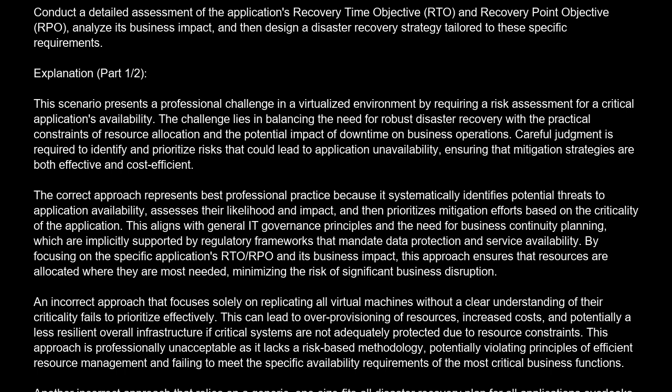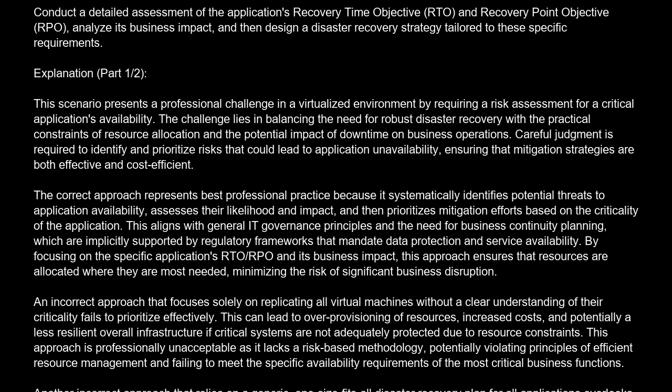Careful judgment is required to identify and prioritize risks that could lead to application unavailability, ensuring that mitigation strategies are both effective and cost-efficient. The correct approach represents best professional practice because it systematically identifies potential threats to application availability, assesses their likelihood and impact, and then prioritizes mitigation efforts based on the criticality of the application.